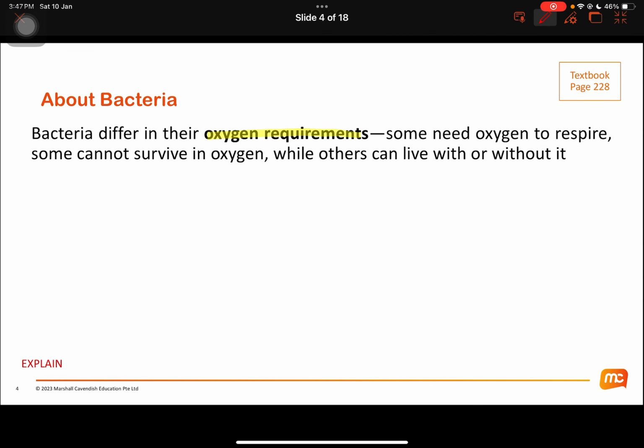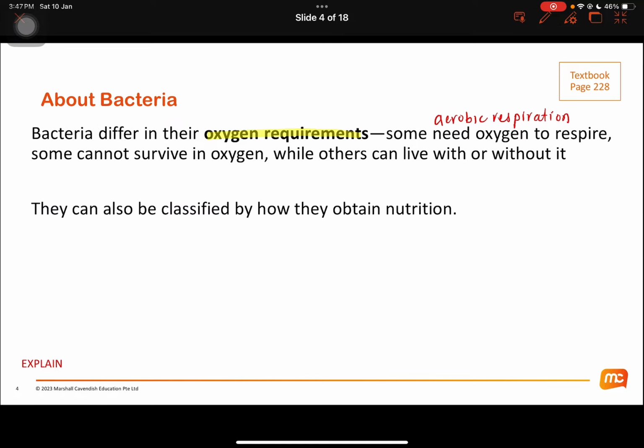So those bacteria that can undergo aerobic respiration would need oxygen to thrive. They can also be classified by how they obtain nutrients for survival.